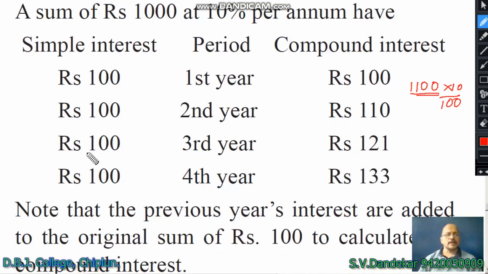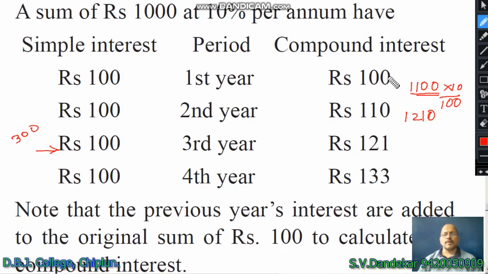Now for the third year, again simple interest is the same, 100. So total simple interest is 100 plus 100 plus 100, that is 300, and the compound interest is now added: 110 in this amount so that it becomes 1210.